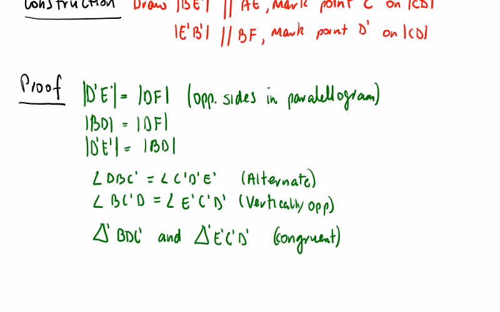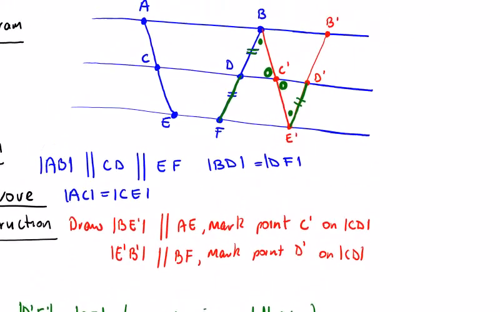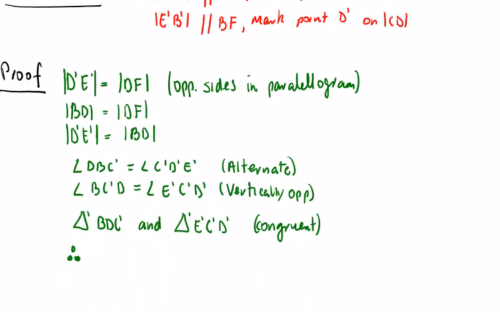Therefore, sides are in proportion. We jump back up, and we can say therefore from the dark circle to the open circle, and the dark circle to the open circle, this one here, I'll give it three lines just to highlight it. These two must be the same if the triangles are congruent. So therefore BC prime is equal to C prime E prime.